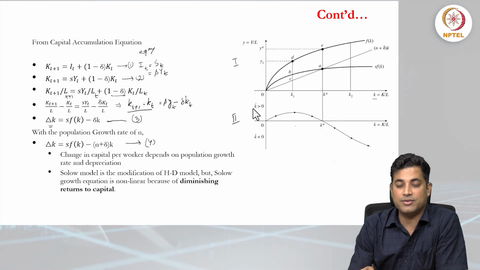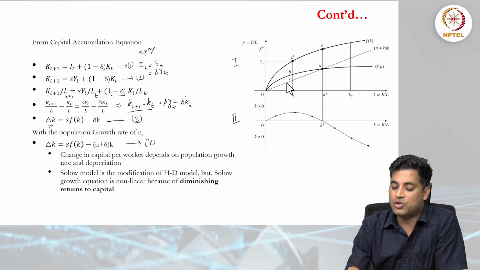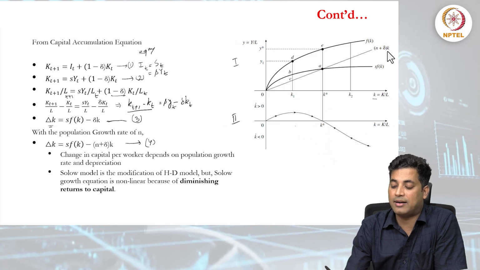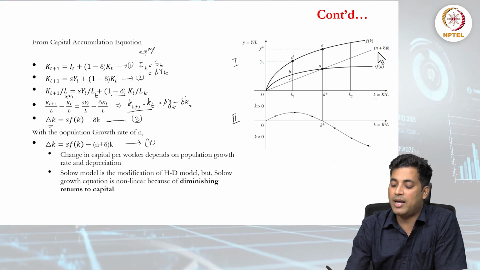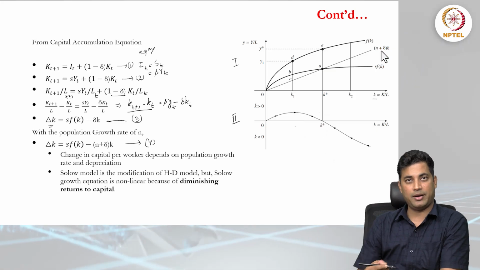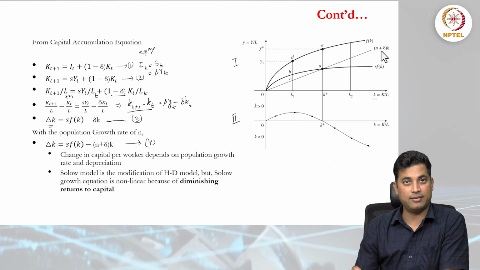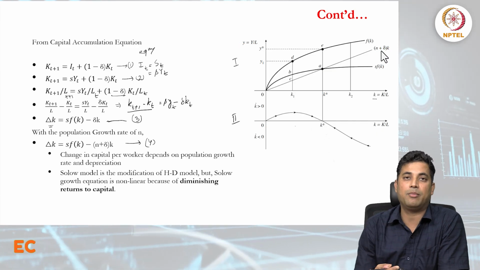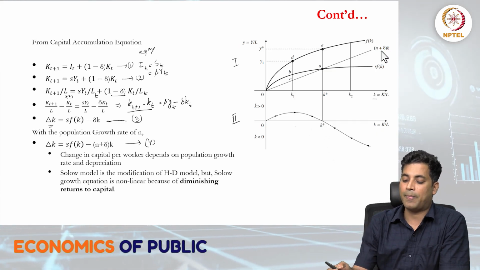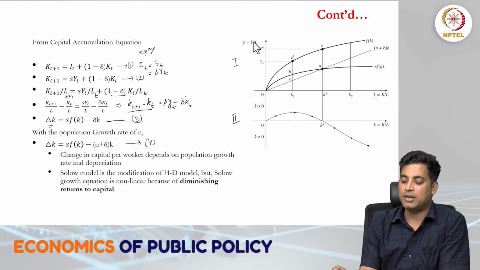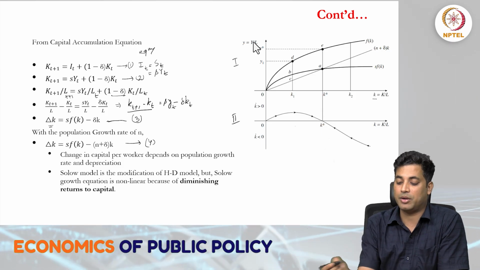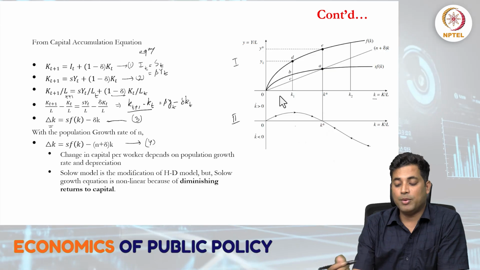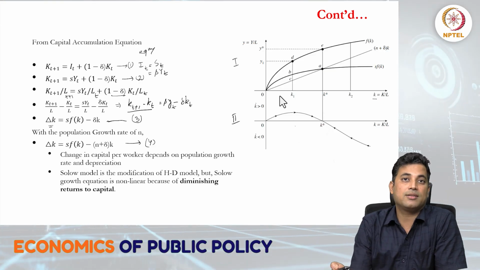This is the origin, 0, and this straight line represents (n plus delta) times small k, because n and delta are both constant coefficients, so it increases linearly with capital per worker, and therefore it is a straight line from the origin. Here there are two nonlinear functions introduced.